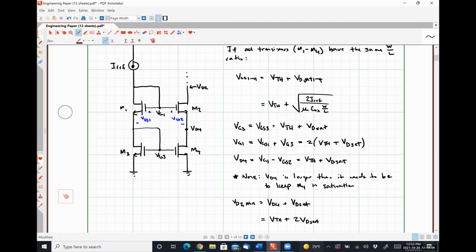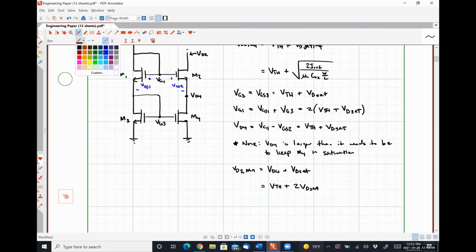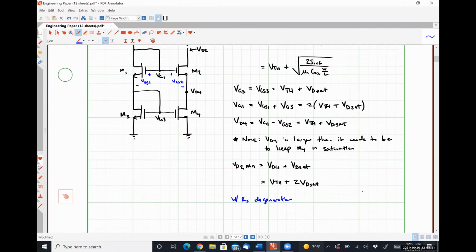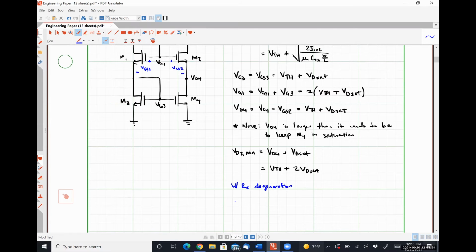So just as a quick aside here, with using a resistor, we saw that VD2 minimum was VGS1 plus IREF times R minus VTH, right?